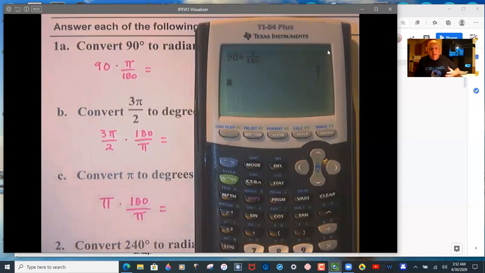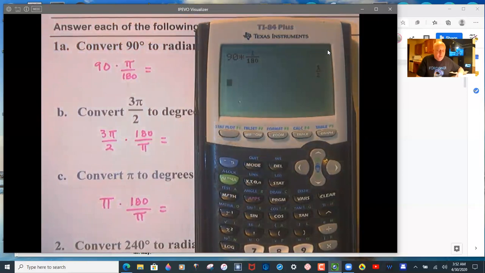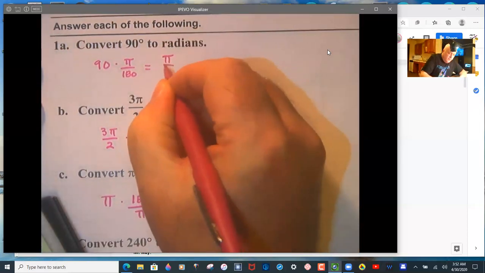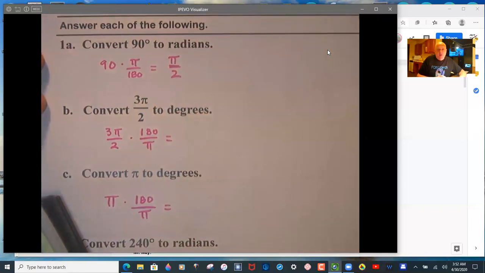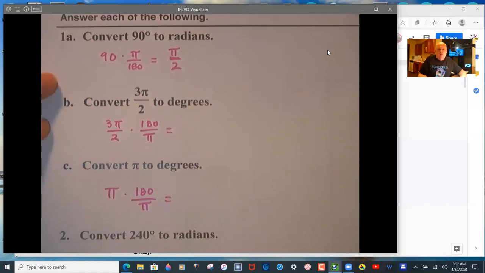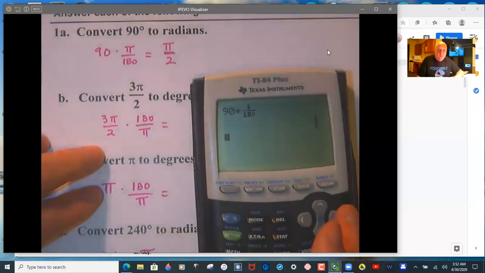So that's 1/2. Then you just put pi back in the top. So pi over 2 is 90 degrees in terms of radians. These first three are what I call quadrant angles, or benchmark angles is another word that's used.